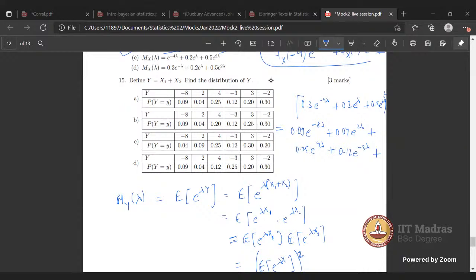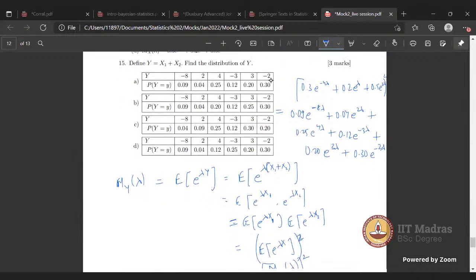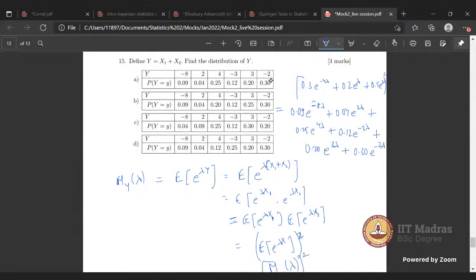Plus 2 times 0.2 into 0.5, that is 0.10, so 0.20 e to the power 3 lambda. Plus 2 times 0.5 into 0.3, that is 0.15, so 0.30 e to the power minus 2 lambda. So I can see that now Y is taking the values minus 8, 2, 4, minus 3, 3, and minus 2.